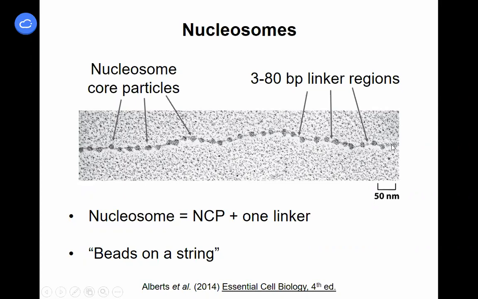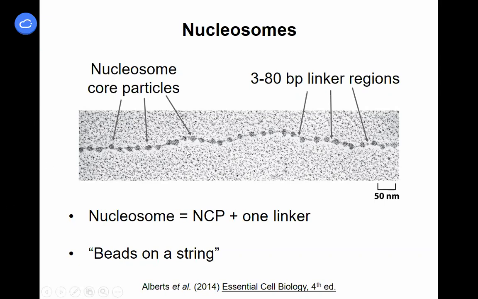So get what's going on here. We've got the nucleosome core particles linked by these linkers. And so strictly speaking, the technical definition of a nucleosome is a nucleosome core particle plus one of the adjacent linkers. However, in common usage, the word nucleosome is often used to refer to the nucleosome core particles.